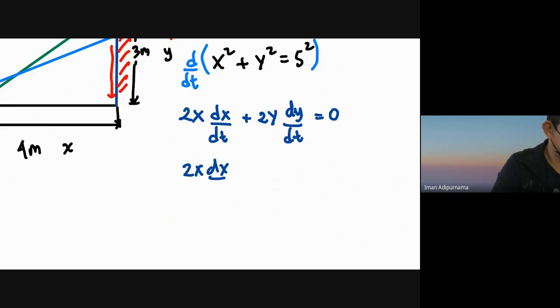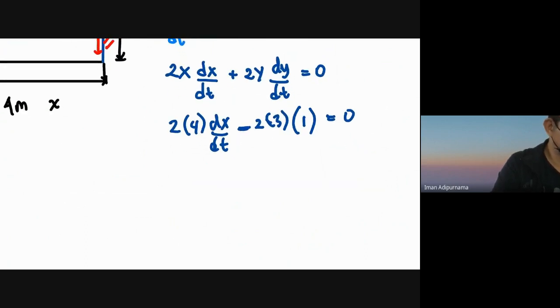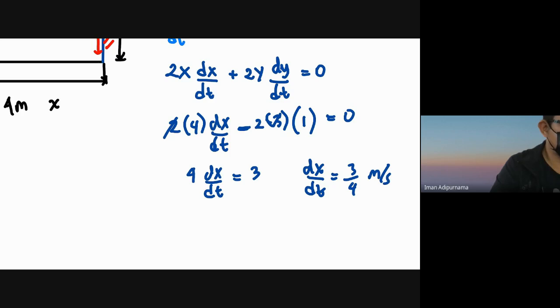So 2x dx dt, where x is 4, so 8 dx dt, plus, or maybe minus, 2y where y is 3, and then dy dt is 1, which I already made negative here. So 8 dx dt equals 6, so dx dt is 3 over 4 meter per second, going to the left.